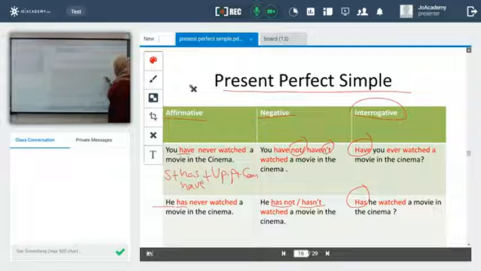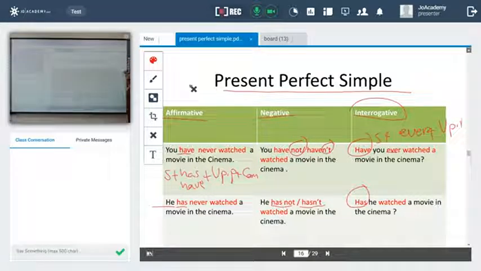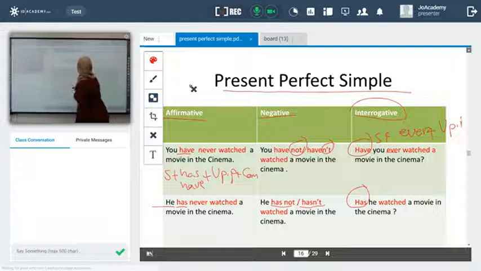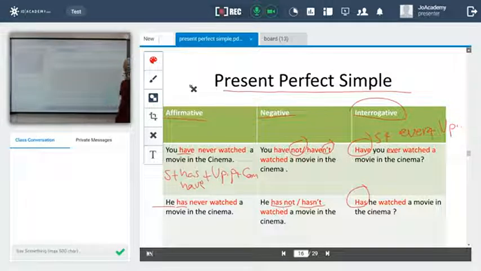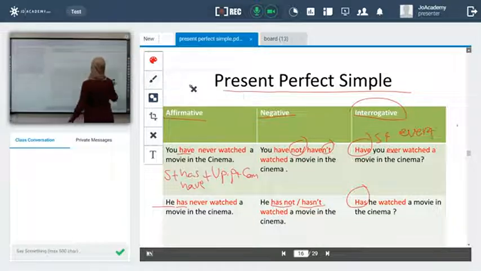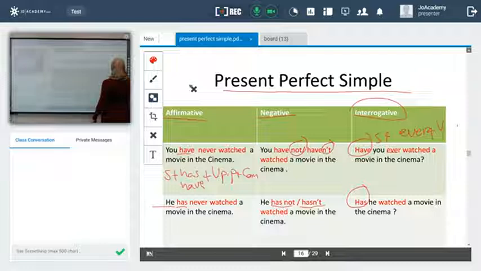Then we use a subject, an adverb if necessary, like ever, for example, and then a verb in the past participle form.